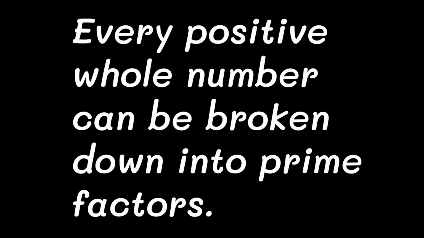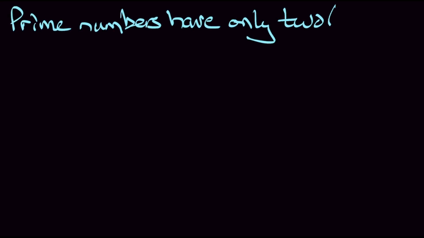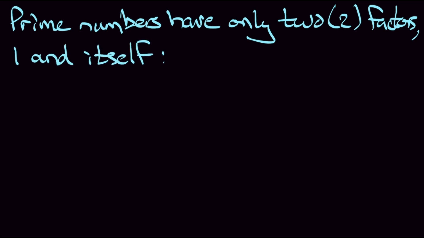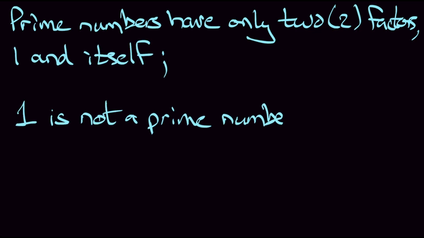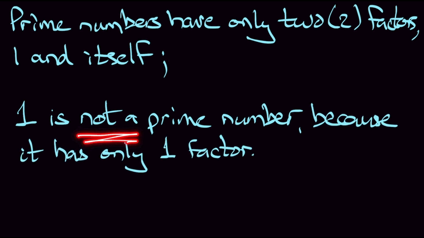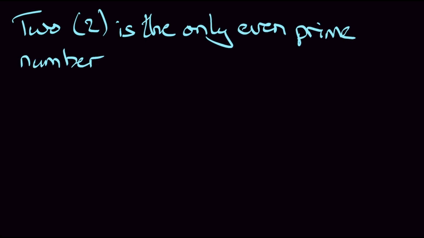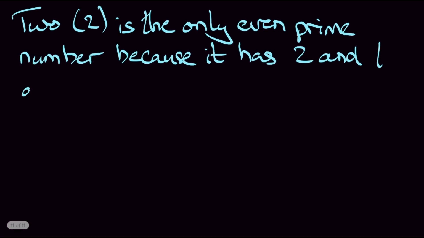Every whole number can be broken down into prime factors. Remember, a factor is a number that you multiply by another factor to get a larger product. Prime numbers have only 2 factors, 1 and itself. 1 is not a prime number because it only has 1 factor. 2 is the only even prime number because it has 2 and 1 as factors.